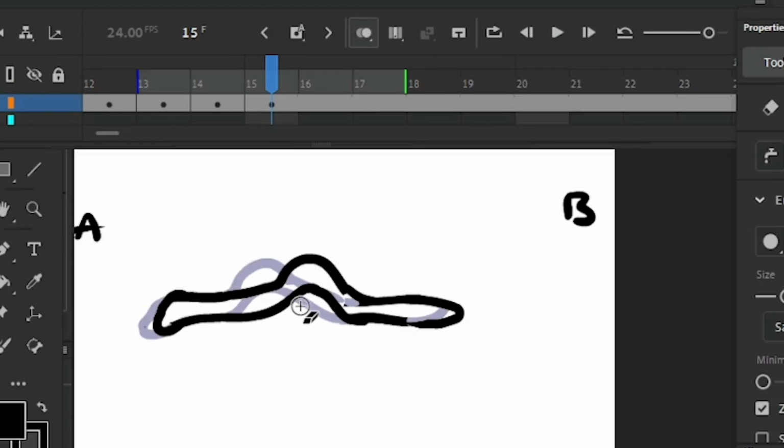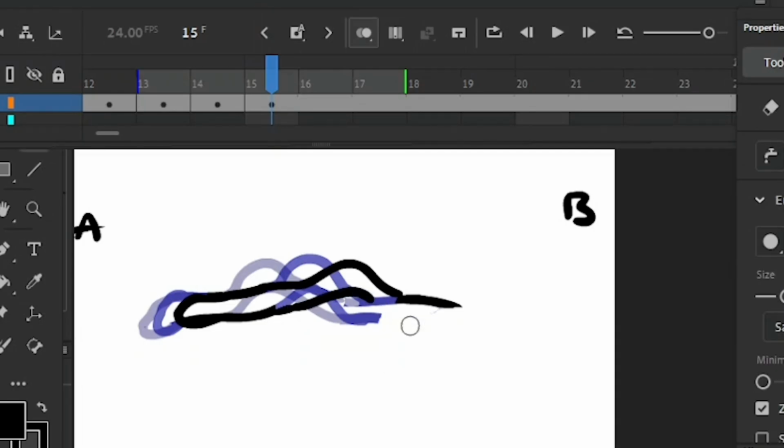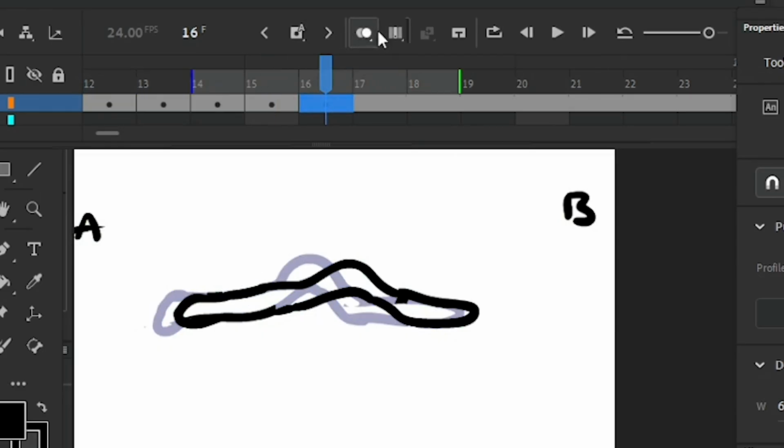Turn on the onion skin, pursue on the other side, and then turn on the next keyframe. My onion skin is still on, so I can still keep moving.